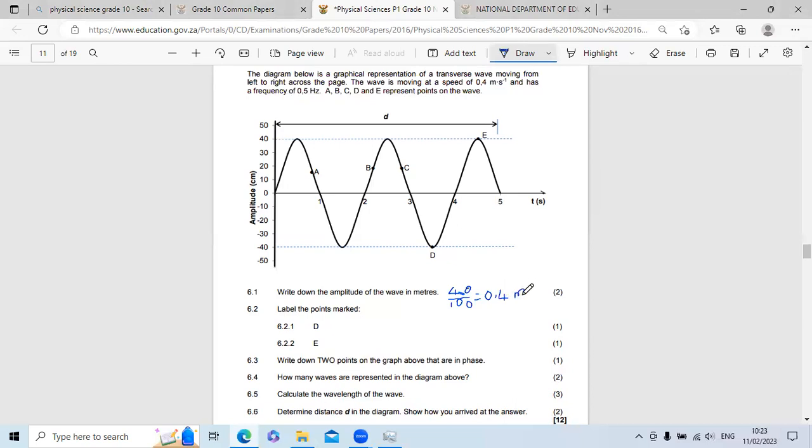So they say label the points marked D and E. Okay, can you label them? Because remember, on a wave, you have your amplitude, you have your, you know what? Can you just try to label them so I don't tell you too much?